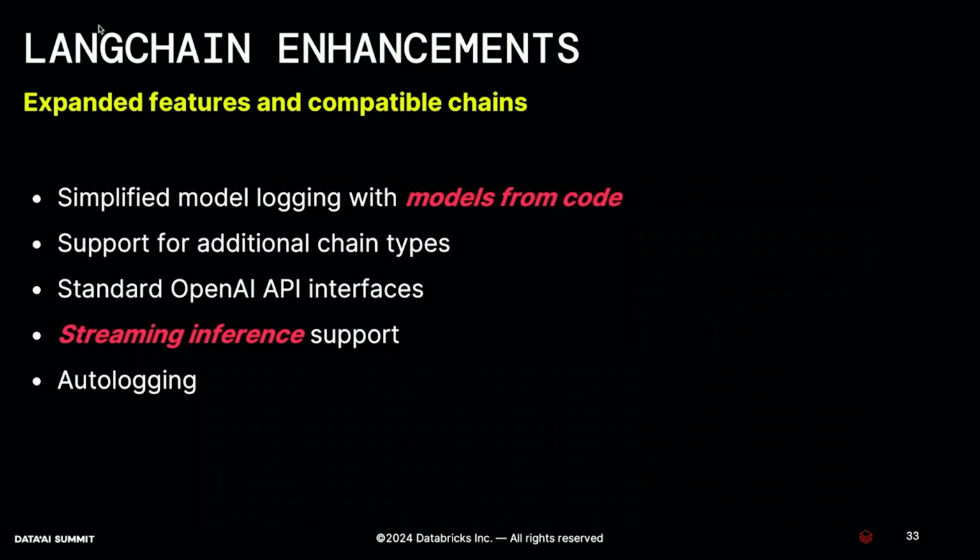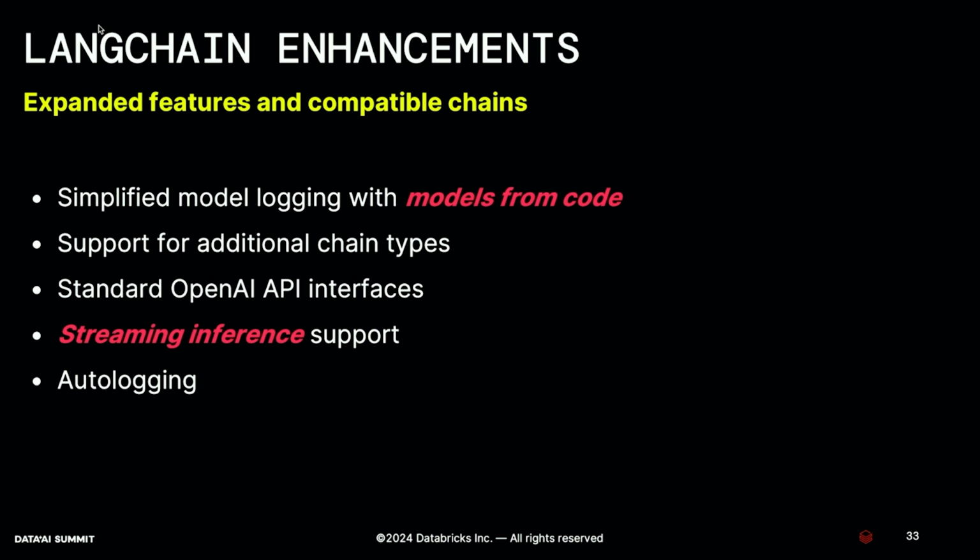We did a lot of work on LangChain this past year. LangChain's done a lot of work on LangChain this last year, and we've tried to keep up in step with them and work closely with them to make sure that our improvements and their improvements are all working as well as they can. But the big game changer for us is models from code with LangChain. You can just write your chain definition, use set model on that actual class definition, and we'll just log everything for you.